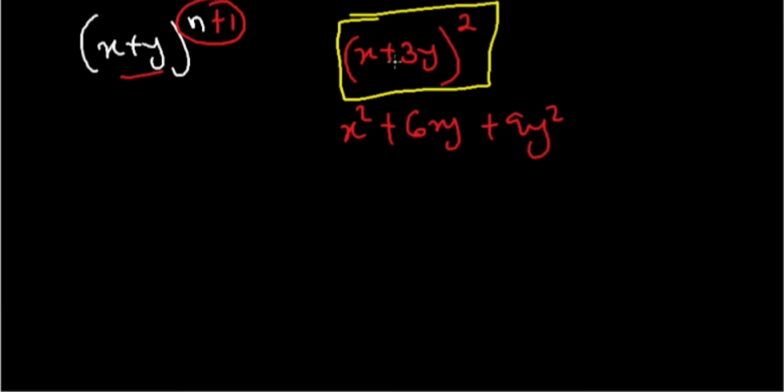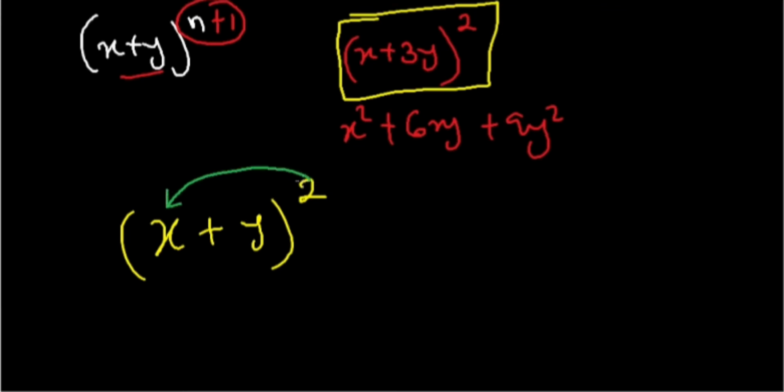Whenever you're having just x and y, what you do is you put x plus y raised to power 2. You just put this power on this one, put it on this one, then multiply this one and this one together, then multiply with these two, and you get your answer. That is, if I put my 2 on that x, I will have x squared.